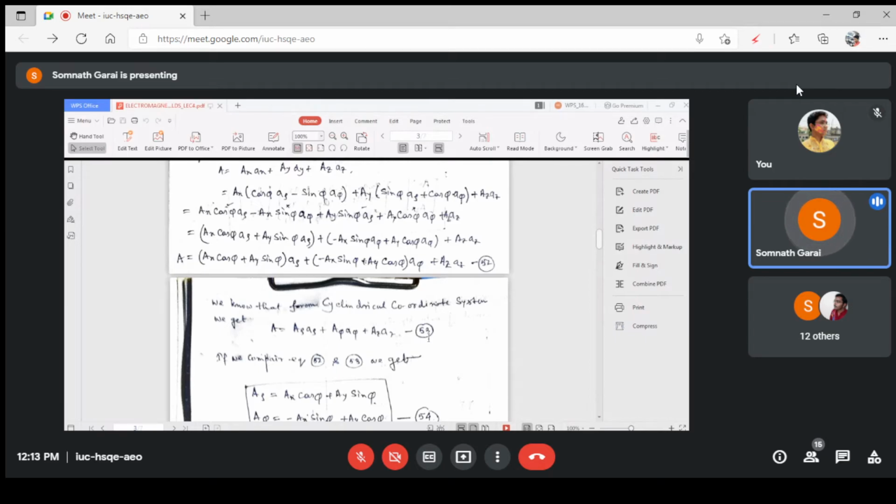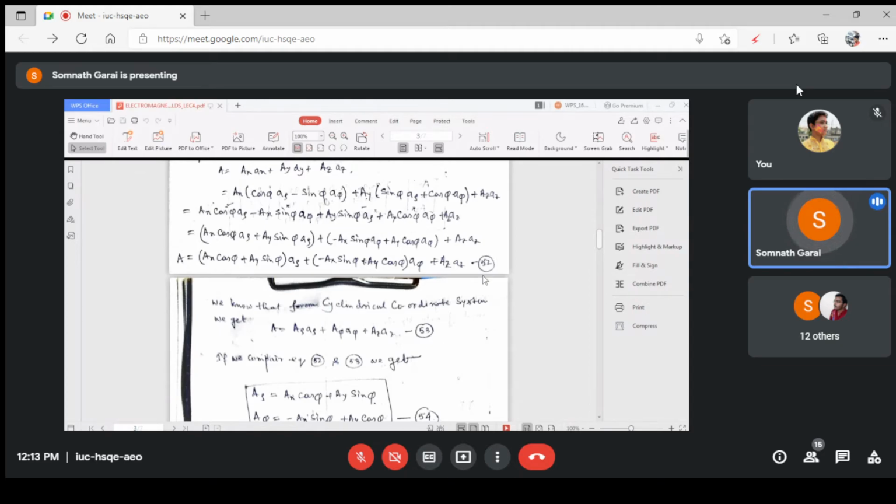As in the Cartesian coordinate system the vector is represented by capital AX into small ax plus capital AY into small ay plus capital AZ into small az, similarly in the cylindrical coordinate system the vector is represented by capital A rho into small a rho, capital A phi into small a phi, and capital AZ into small az.